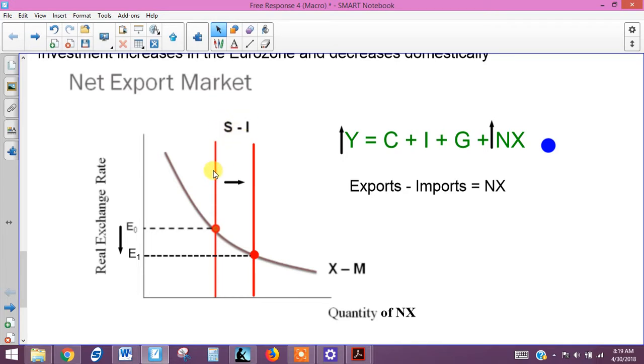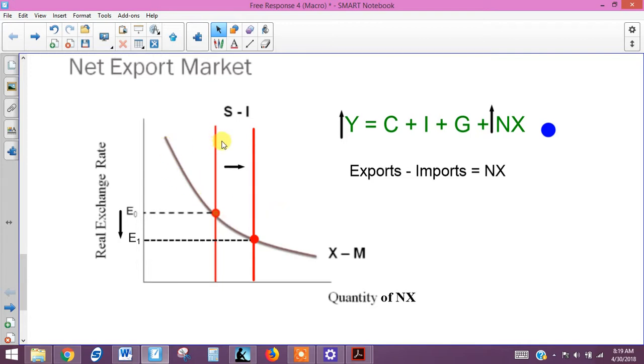So you see this shift to the right, which in this graph shows you that when savings minus investment shifts to the right because there's less domestic investment, because there's more money going overseas, then we see this is why the relative value of the dollar goes down and net exports actually go up.